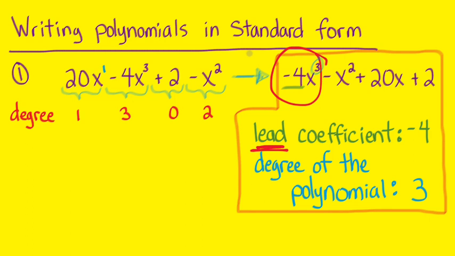Lead coefficient, it will later tell us how this line will curve. So it's very important. And also, it's kind of a little bit like slope. It'll tell us which way it tilts. And then the degree will tell us how many times it crosses over the x-axis. But that's a whole other thing.